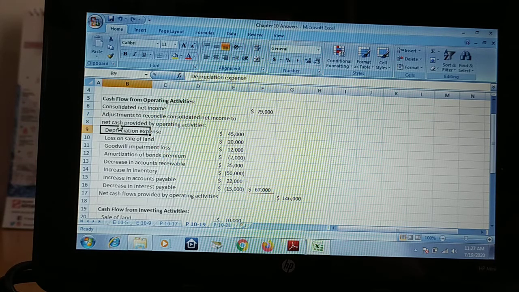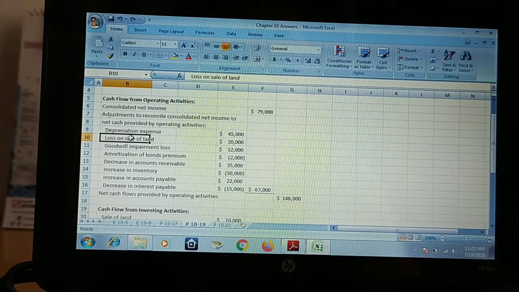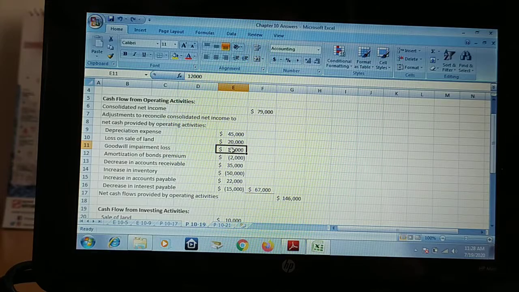The first one is depreciation expense, which we add back, 45,000. Then the loss on sale of land, which you also add back. And then the goodwill impairment loss. The goodwill impairment loss is not a cash expense; it is just how management values the goodwill carrying value, so we need to add it back.